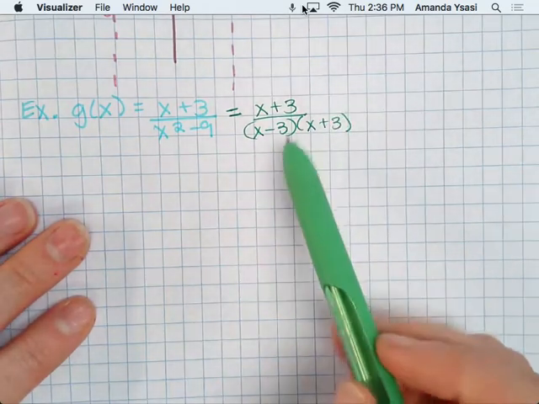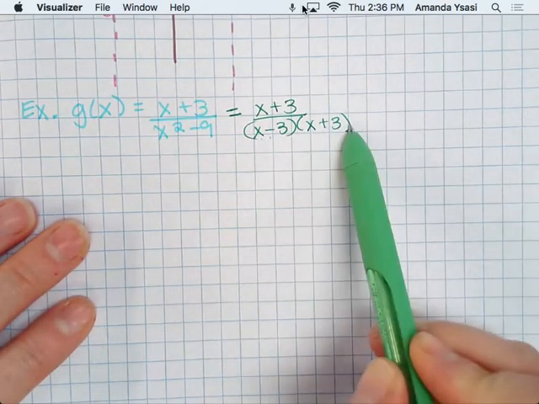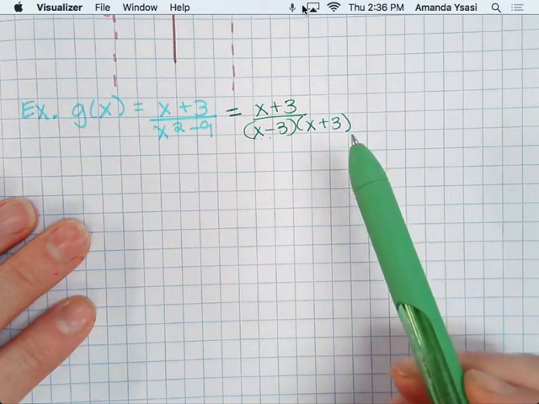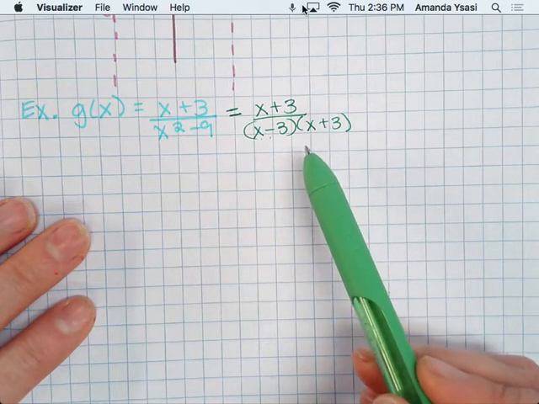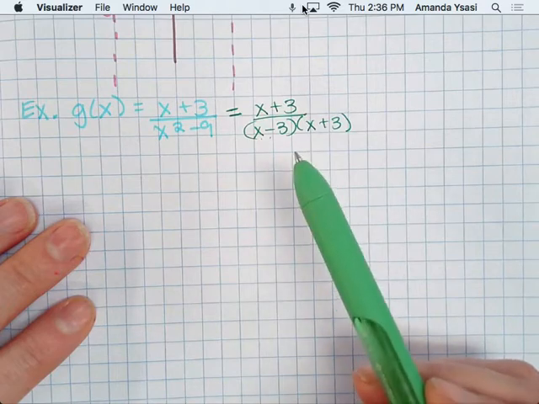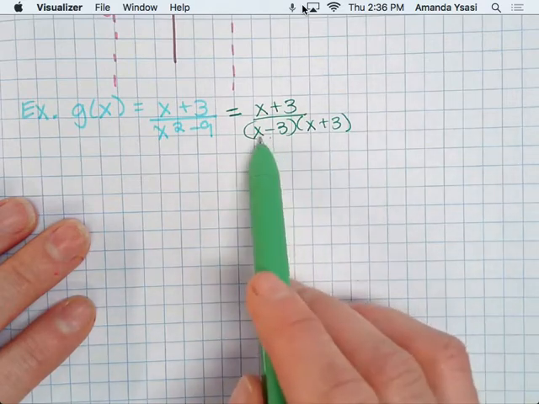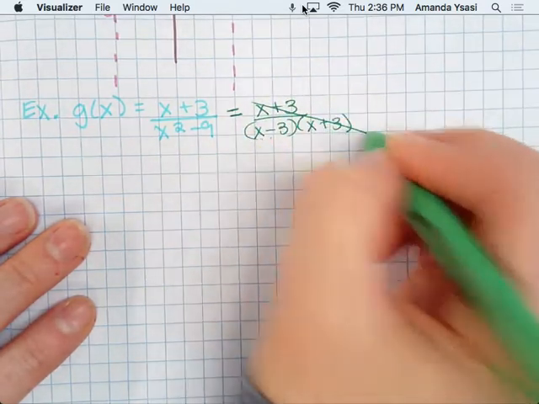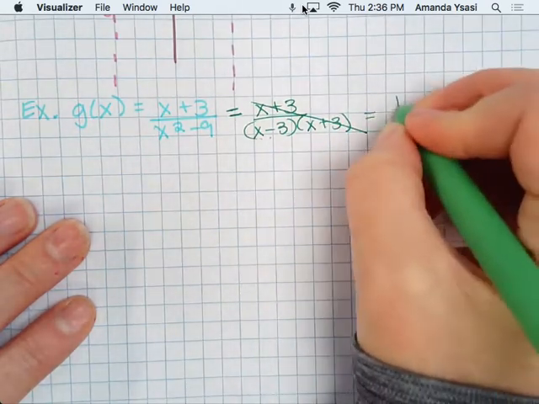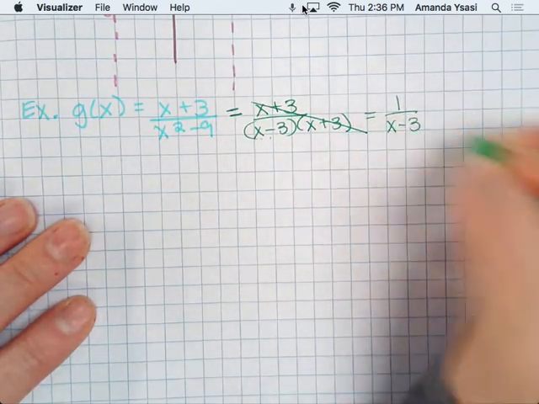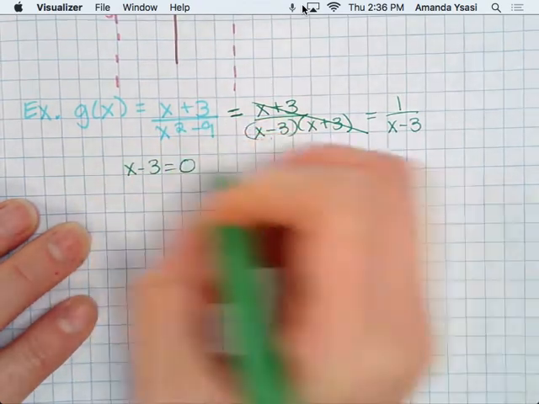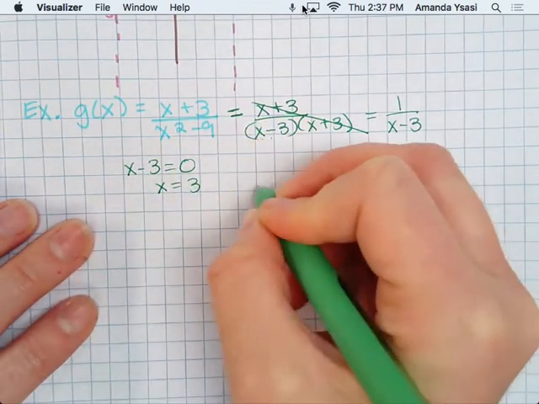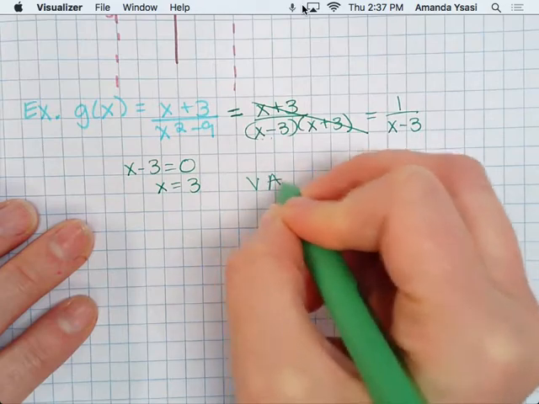And for domain restrictions, we'll still have that 3 and -3 do not exist as far as x values. But as far as the vertical asymptote, we need to do this first and then find our vertical asymptote. So x minus 3 equals 0, x equals 3 is our vertical asymptote. I'm just going to put VA.